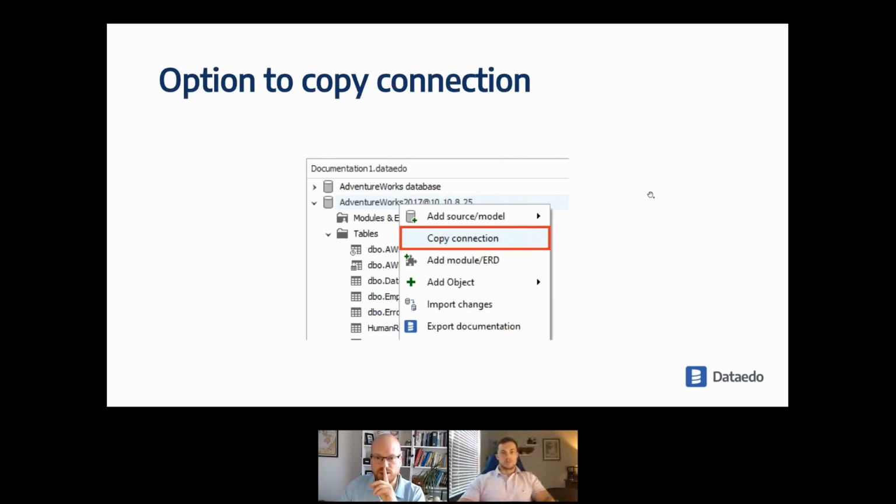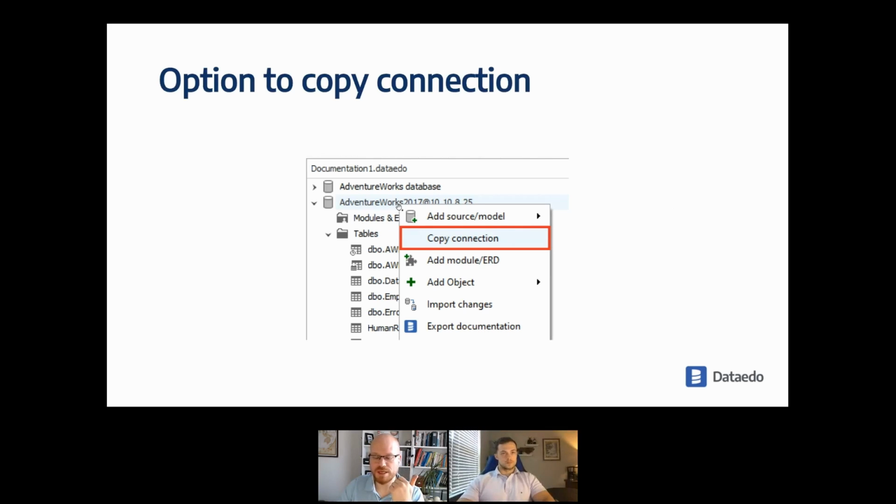And the last two improvements are related to creating new sources, connecting to new sources, to make it easier so that you don't have to type in all the connection details. Remember this, host IP. I struggle with this quite often. What was the IP of the server?